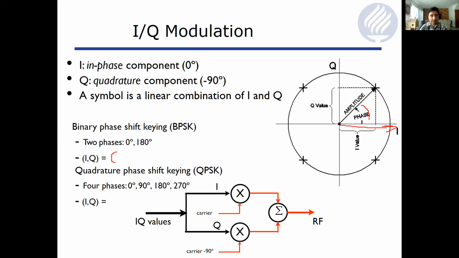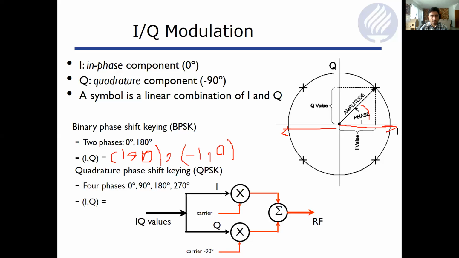If the phase is 0, it means I is 1 and the Q value is 0. And for 180 degrees, which means this signal, the I would be -1 and the Q would still be 0.